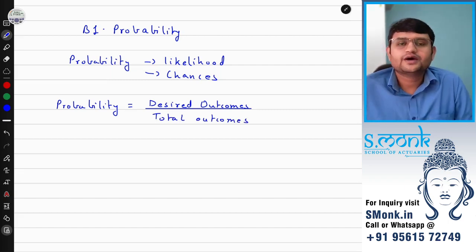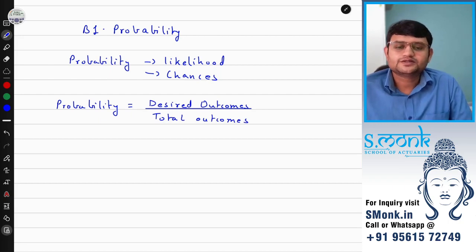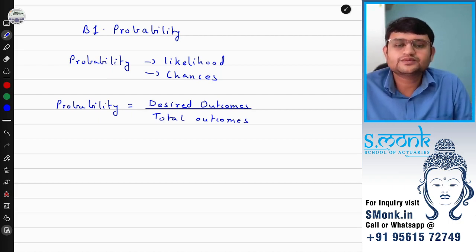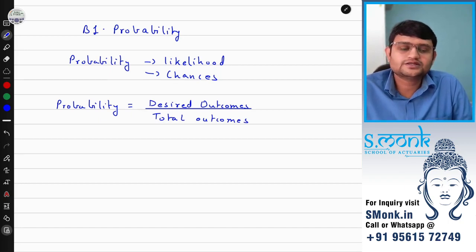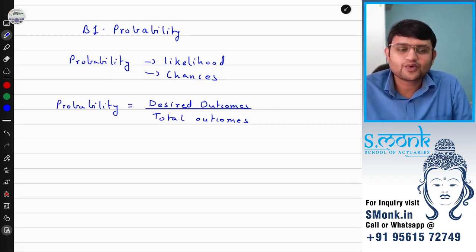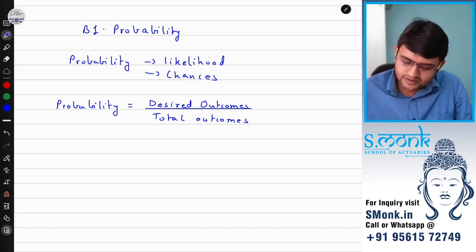So if I run some experiments, do the same thing again and again, how likely is something to happen? That tells us the probability. So that is nothing but how many times our desired outcomes happened out of how many times the total event was run for. So that becomes nothing but the probability of an event.